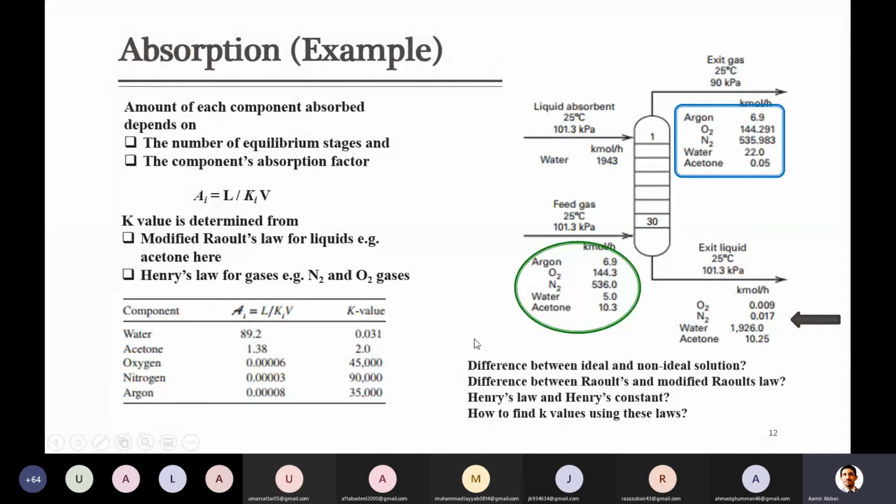So whenever we are determining its K value and then its absorption factor, we will use modified Raoult's law. And for oxygen, nitrogen and argon, Henry's law will be used.